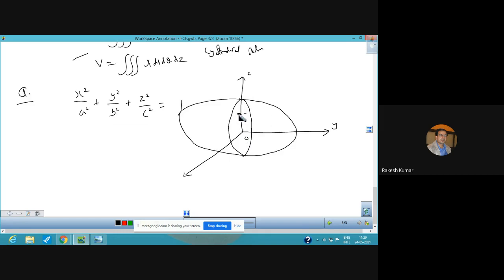So in place of a circle we shall have a sphere, and similarly along the y-axis we will have a sphere. The shape of the sphere will be like this.